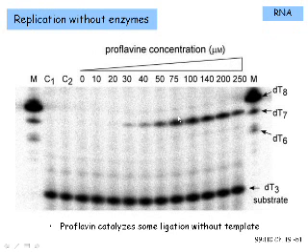This is just a curve showing you that as you increase the amount of proflavin, you can get more product made. It's always nice when you can show concentration dependence in experiments, and it does. So this is the polymerized product here. And most of the product is the right molecular weight.